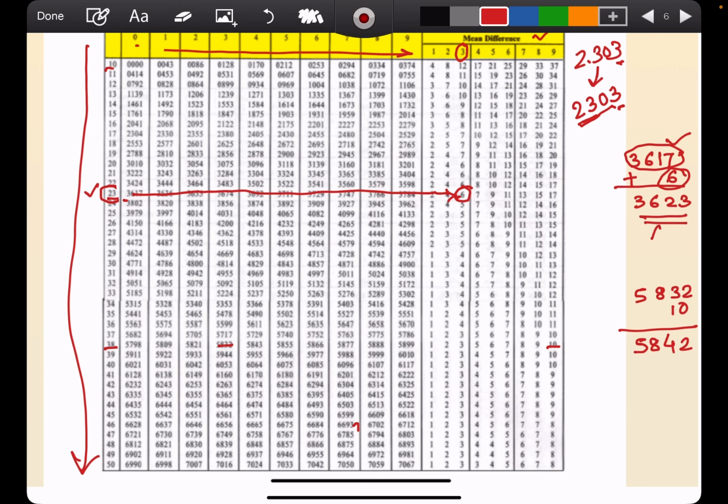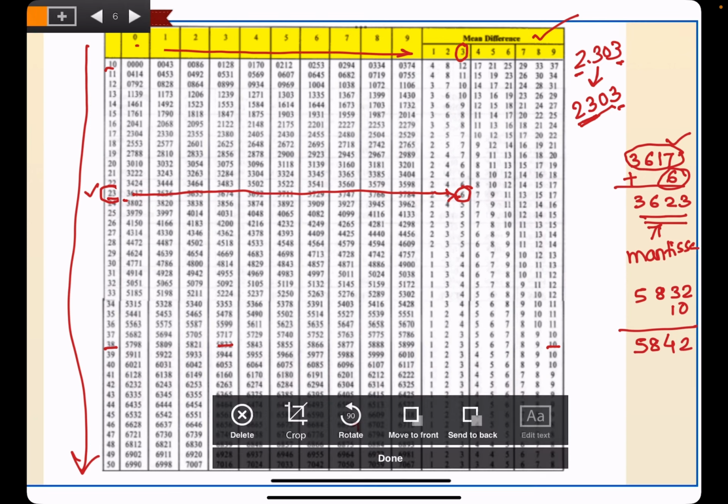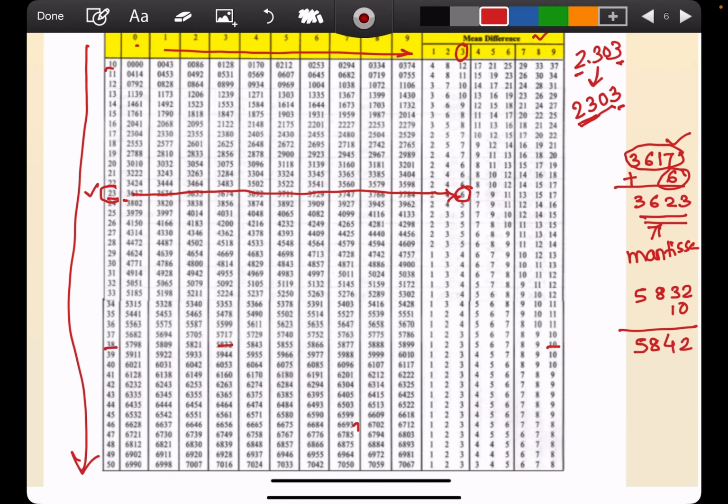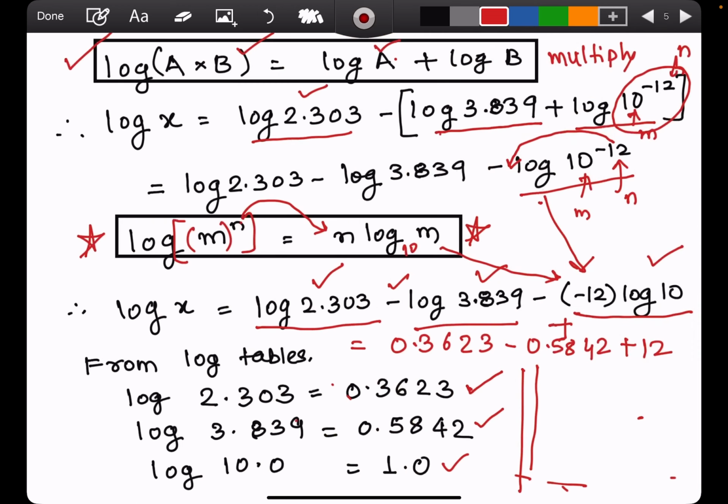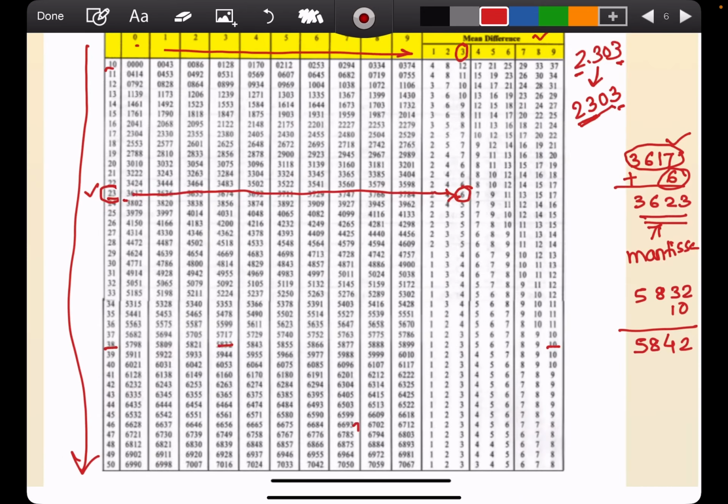So this 3623 is the mantissa of my answer, and I need to know the characteristic. For finding the characteristic, you know that there is one term before the decimal. So I straight away minus 1, it becomes 0. So the answer becomes 0.3623.